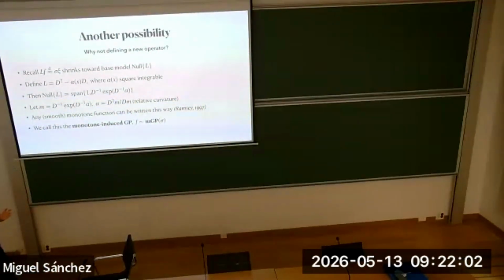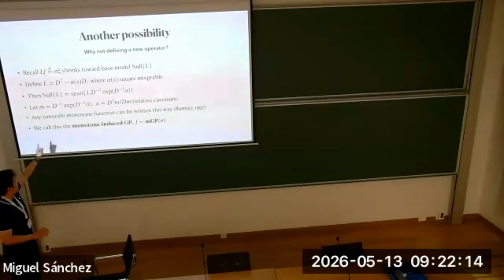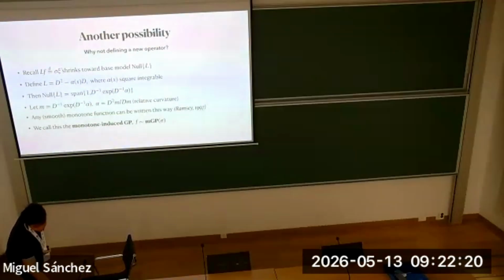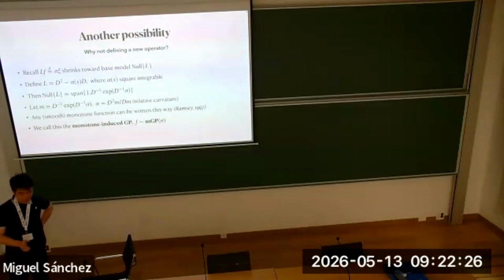So now we are making it a little bit more flexible by changing the right-hand side here to be a scaled Gaussian white noise. Basically we are saying we expect the function to behave like something in the space, but there's some level of deviation specified through this right-hand side. So it's called the monotone induced GP, and we just shortname it MGP, okay?